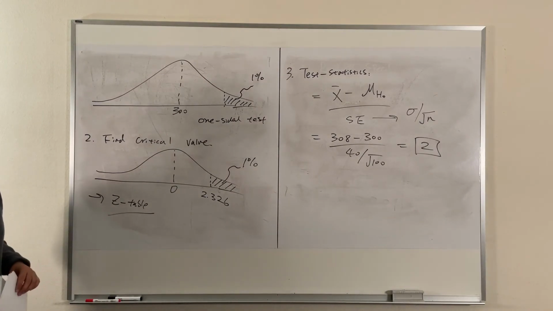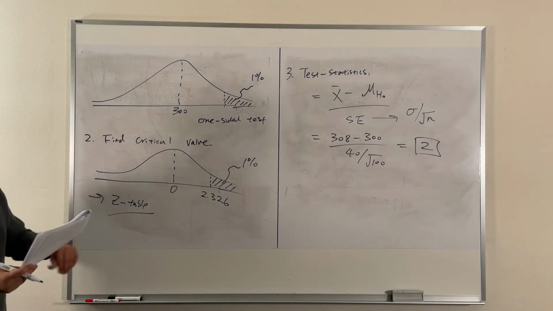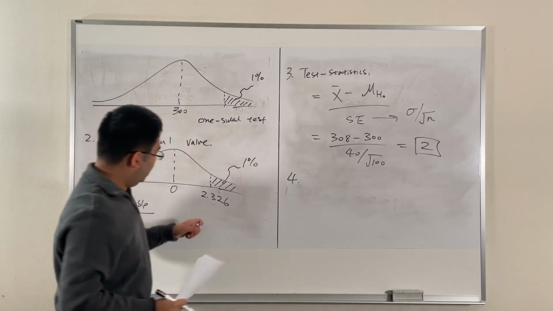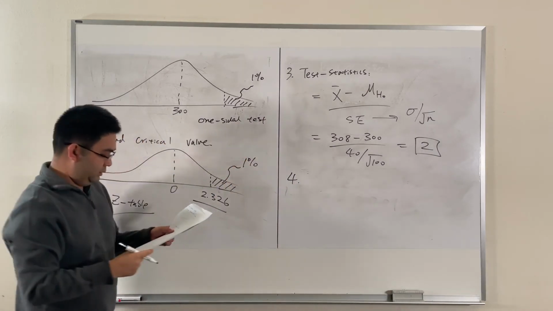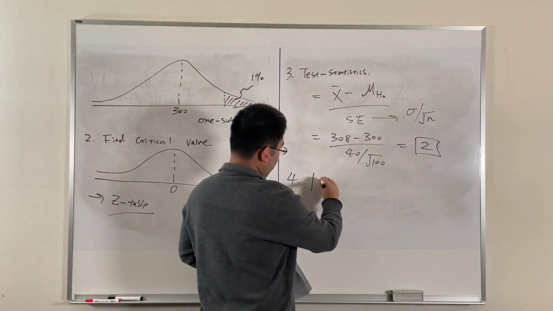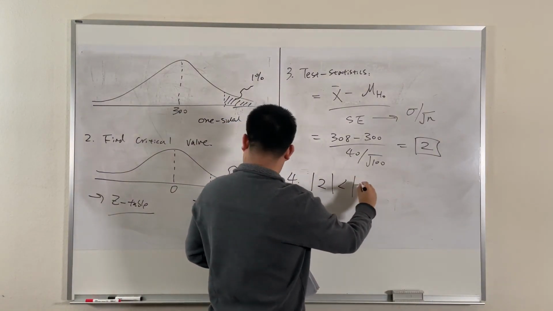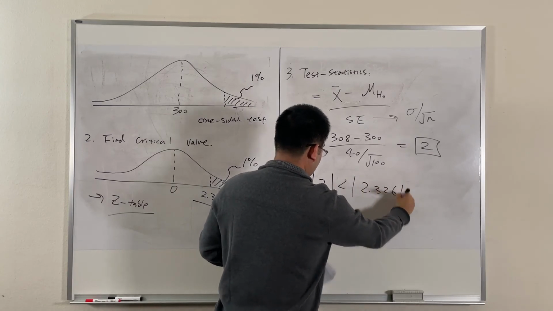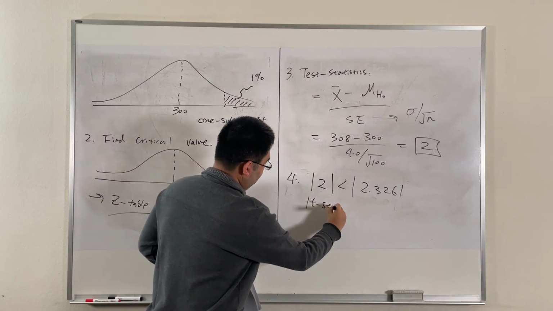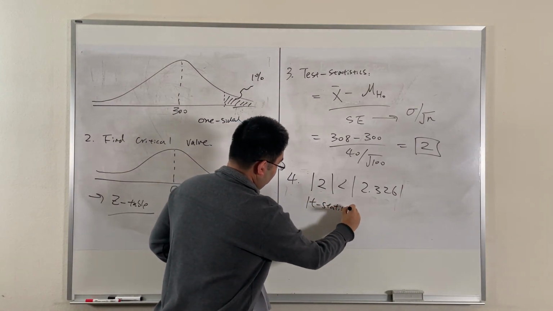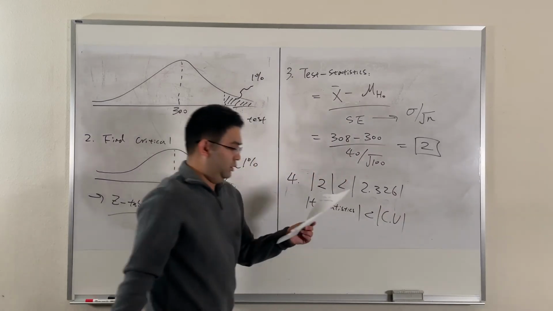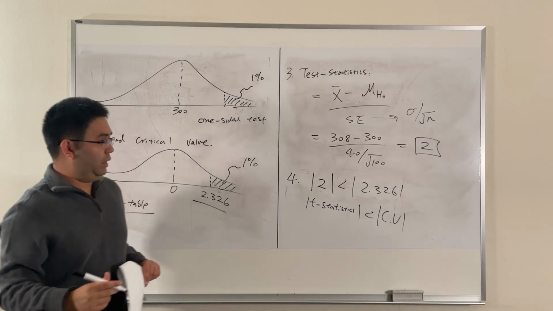Okay, and the fourth step, we can just go ahead and make our decision. 4, we're going to compare this critical value and that test statistics. So because our test statistic 2 is less than our critical value 2.326, we're going to fail to reject the null hypothesis.